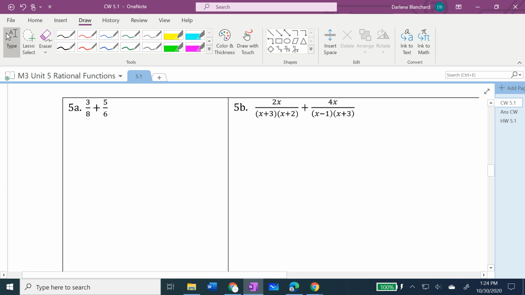Next. When I look at the rational numbers on the left, do you see that they have a common factor? With that common factor, let's rewrite the 8 is a 2 times 4. The 6 is a 2 times 3.